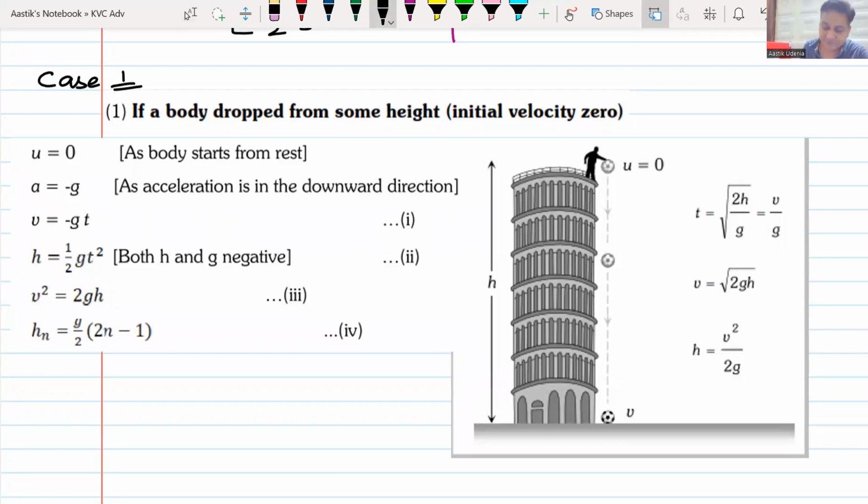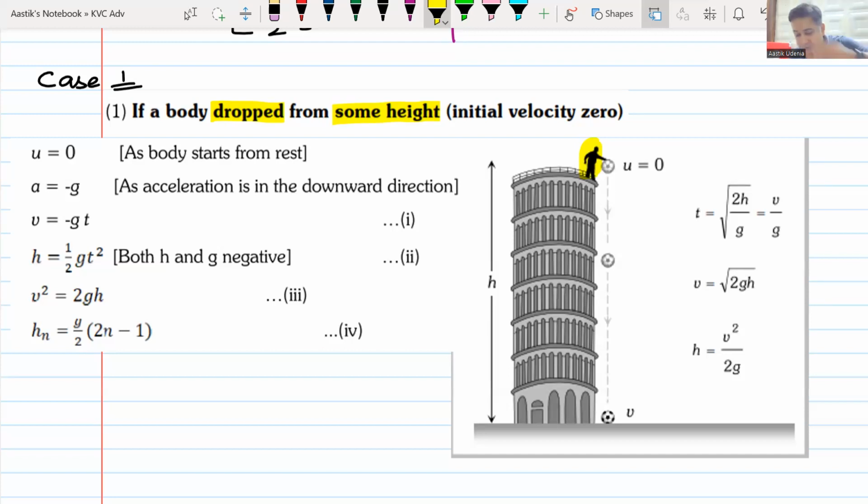Case number 1: a body is dropped from some height. Now what do you mean by dropped? Whenever I say the term dropped, if I'm at the top of a tower, and from the top of the tower he is dropping something.